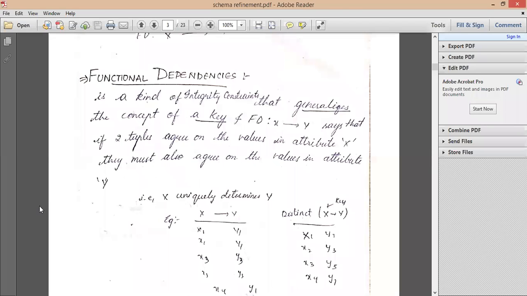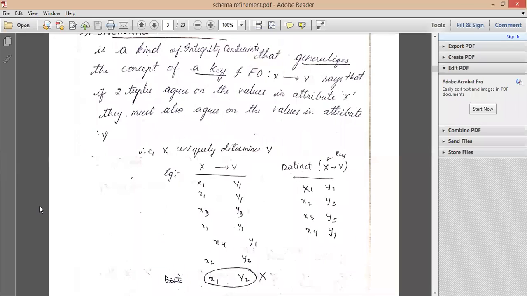It is a kind of integrity constraint that generalizes the concept of a key, where X determines Y or X goes to Y. It says that if two tuples agree on the value in attribute X, they must also agree on the value in attribute Y.